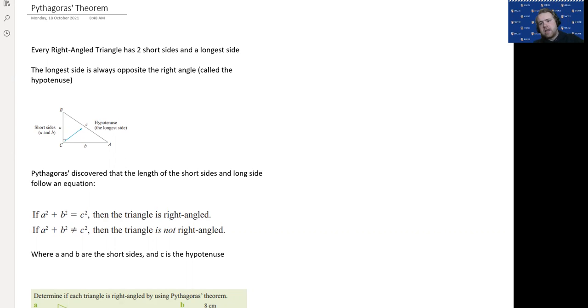Now, Pythagoras came up with this rule, which we're going to talk about shortly, but it was actually known well before. The ancient Egyptians understood this law, perhaps not in a formal sense, writing it out as an equation like Pythagoras did, but they were able to construct buildings using techniques that use this law.